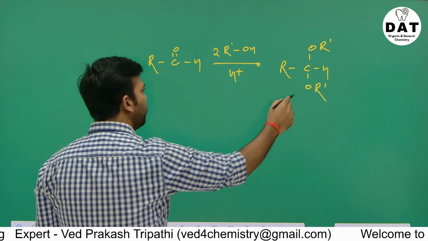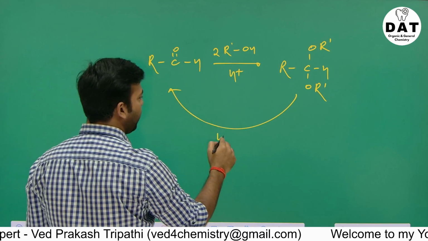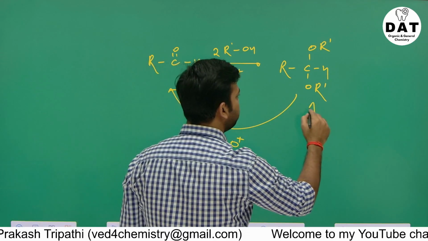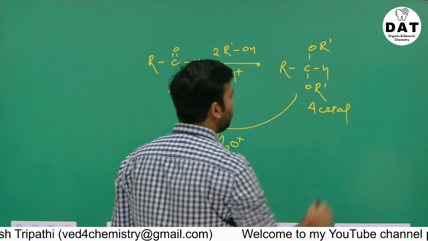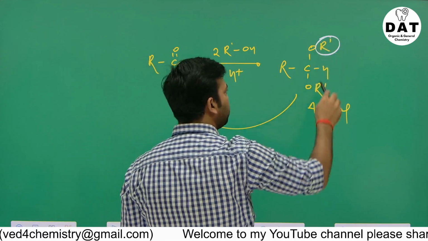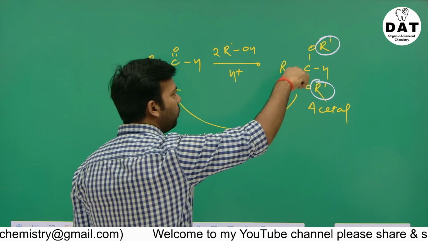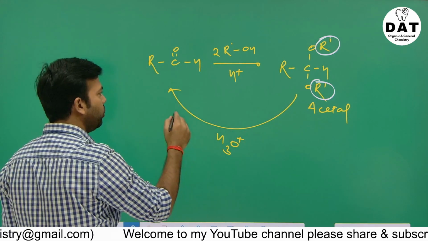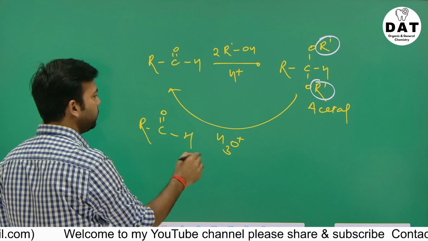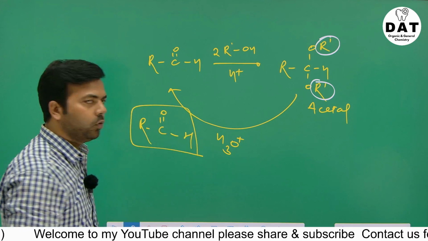And now I am going to hydrolyze this. I said that whenever you hydrolyze this acetal, you have to remove the R part, this R dash and this R dash. So you have just C double bond O. As you can see, RC double bond O and H. Clear? Same thing we can do with the ketone.